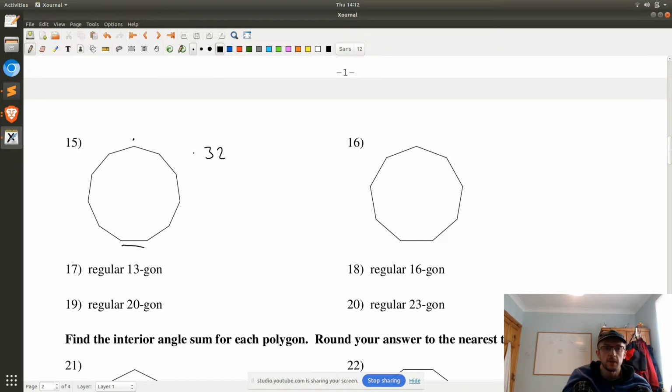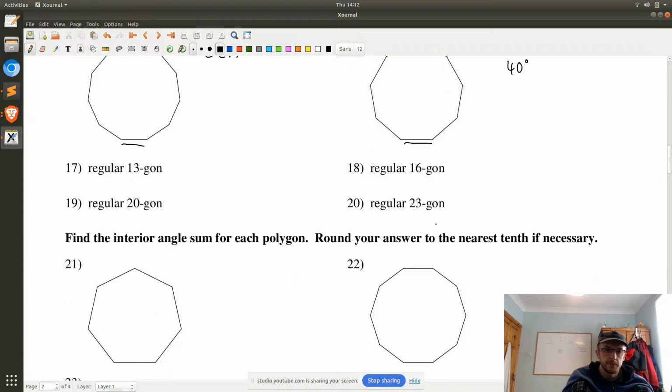So 32.7 to the nearest tenth. This is a regular 9gon, so 360 degrees divided by 9 is 40 degrees. And now for these other 4 here, checking those. That's correct.